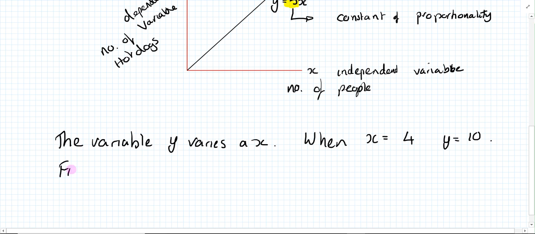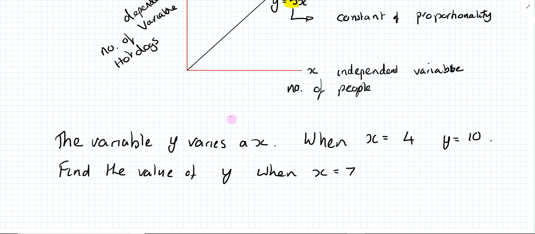And then we can say find the value of y when x equals 7. So the variable y varies as x. Yeah, that should be as x.